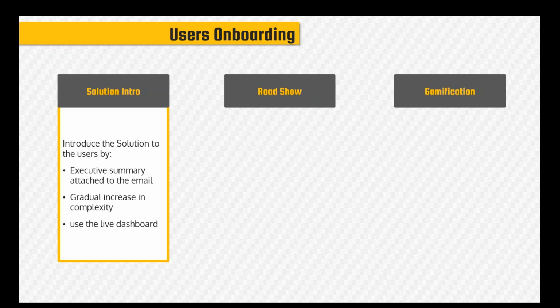For example, you can publish the first dashboard with only 3 or 4 relatively simple widgets, and over time add more widgets and increase the complexity level. This will help to build right habits with your end users and let them get used to the new tool that you're trying to implement in your organization.